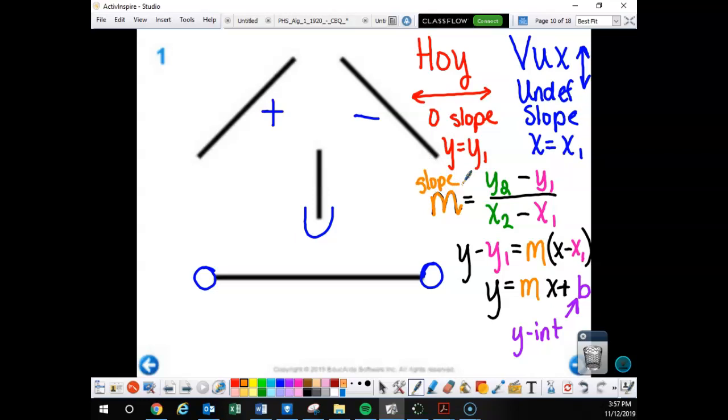What else? And remember standard form equations. This is a standard form equation: Ax plus By is equal to C. Your slope from this should be orange, and actually these are all different. Let's make that A, let's make that blue.